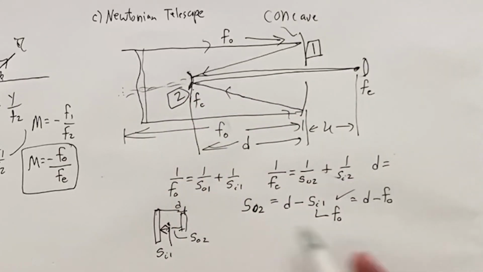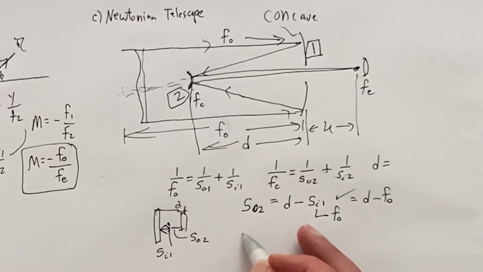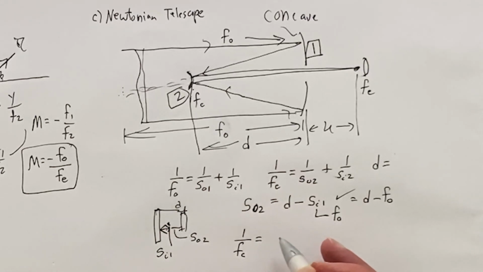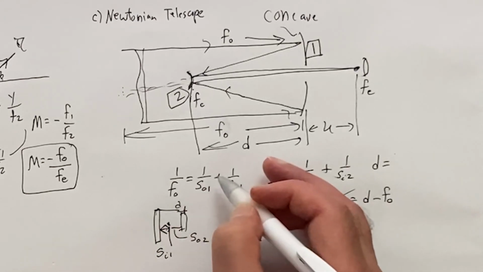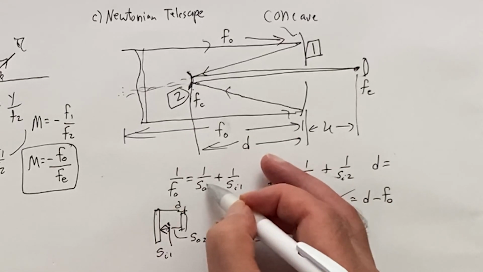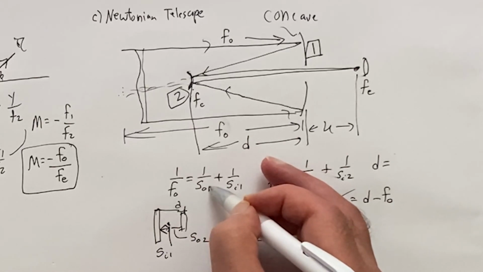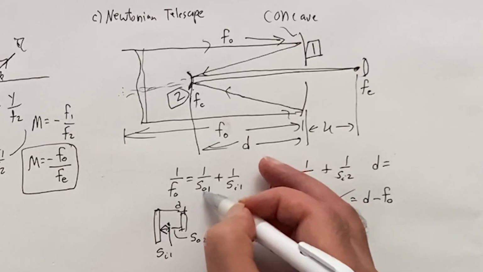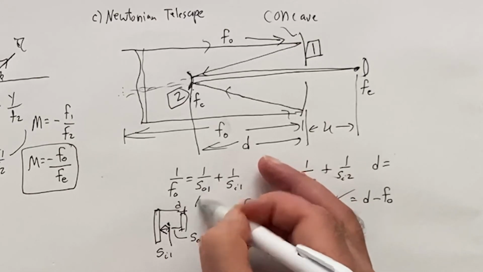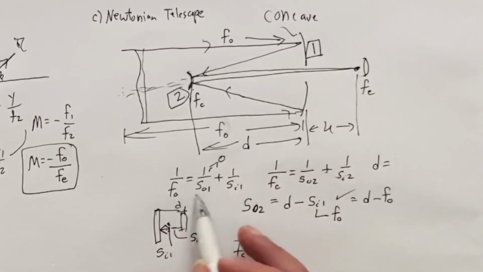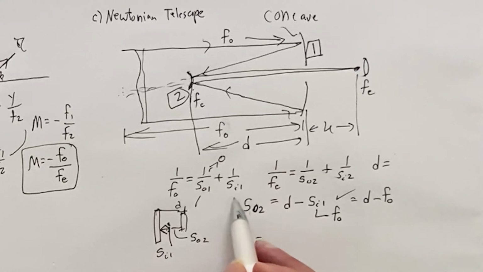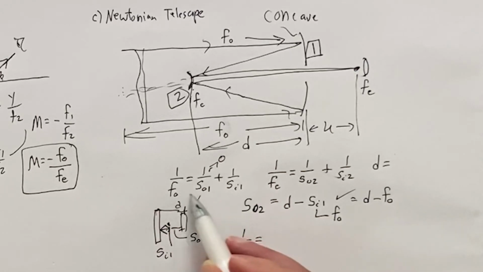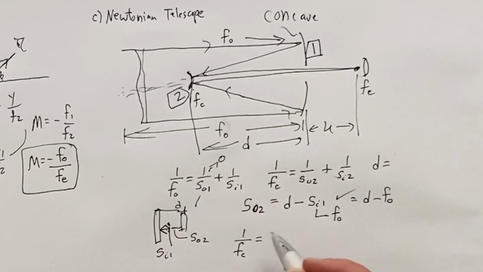So that comes out right. But if you set things up this way with all positive, signs will automatically take care of it. So here's 1 over f for the convex. In other words, we skipped a step here: since the object distance for the first one is going to be infinity, this is going to be taken to be 0. So that SI1 is going to be f of the objective.